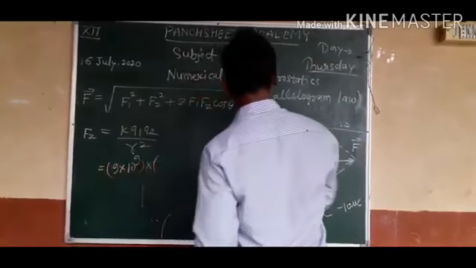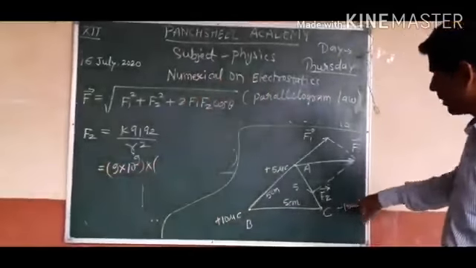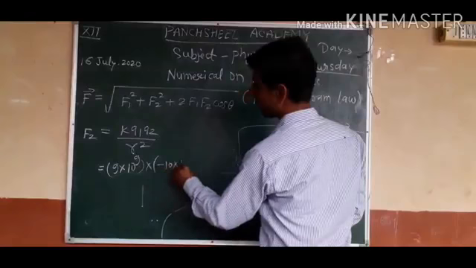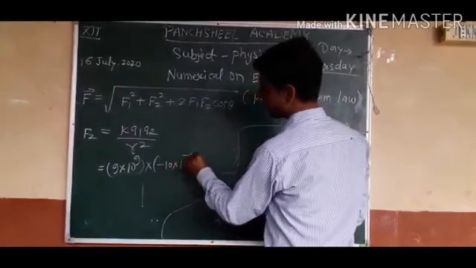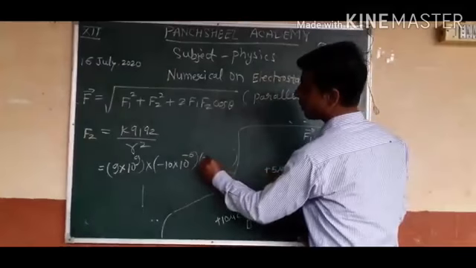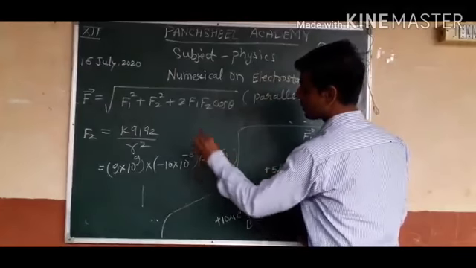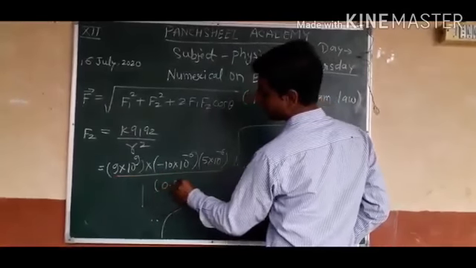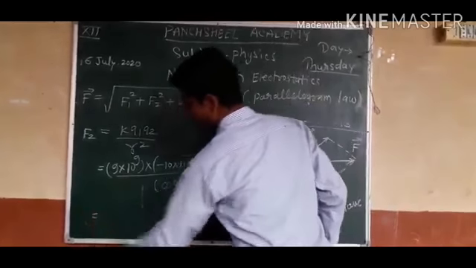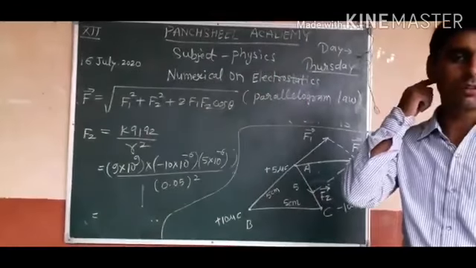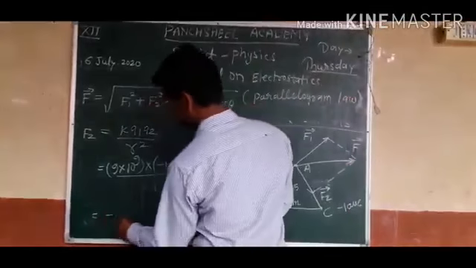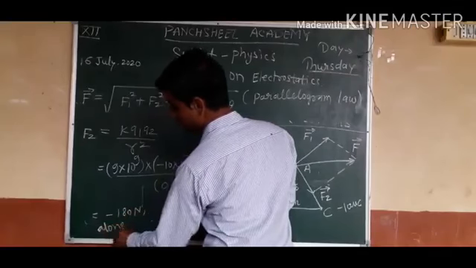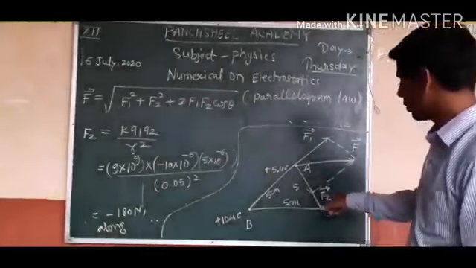And Q1, this is F2, so this is Q1 and this is Q2: minus 10 into 10 to the power minus 6 and 5 into 10 to the power minus 6, divided by r square, 0.05 whole square. If you calculate this value, you will get minus 180 Newton. What is the direction? Along AC.